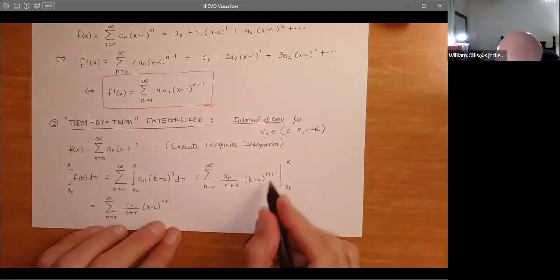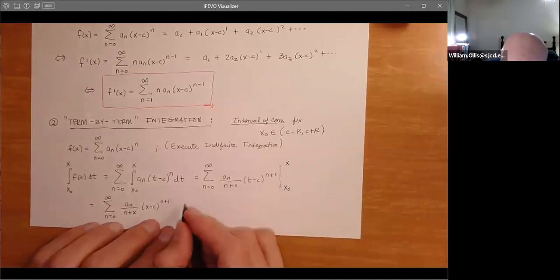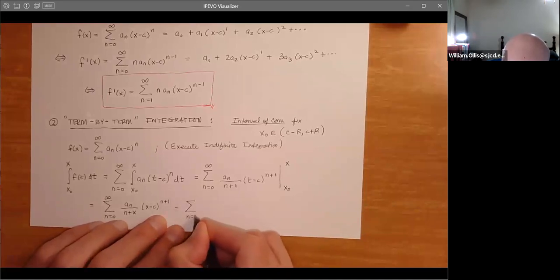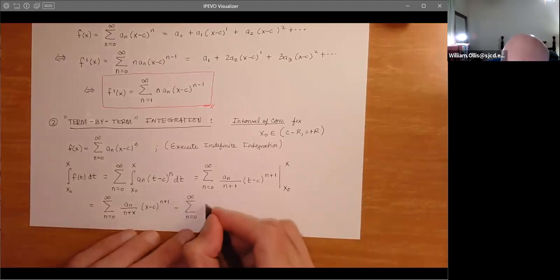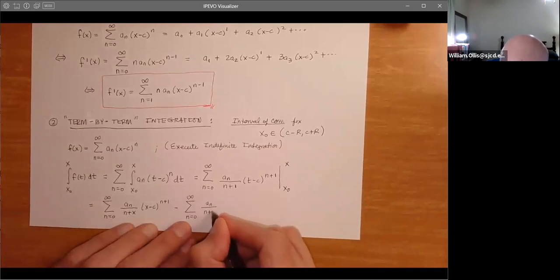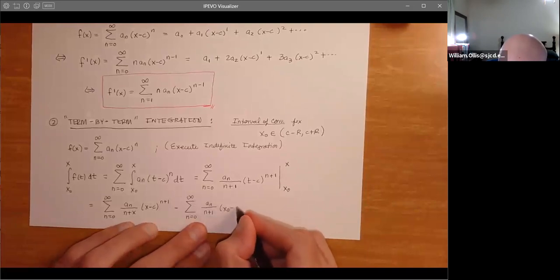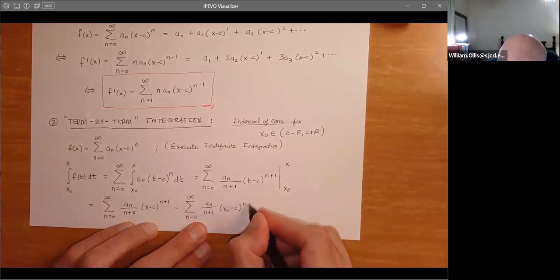And then what do we have here? We have the x sub 0. So this equals n equals 0 to infinity, a sub n over n plus 1, and then we get x sub 0 minus c to the n plus 1.